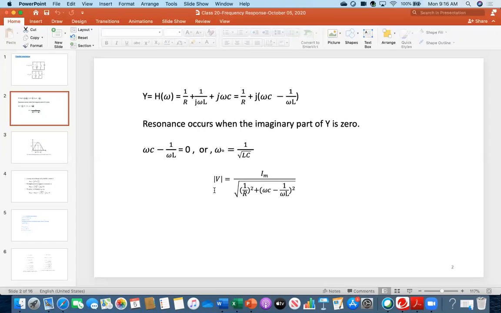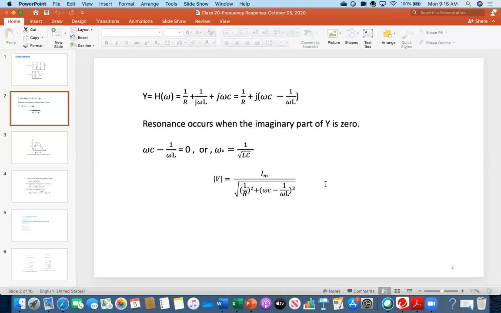Today we calculate V equal to Im over Y, since in a parallel circuit current equals voltage multiplied by admittance. So V is Im over root of 1 over R squared plus omega C minus 1 over omega L, all squared.